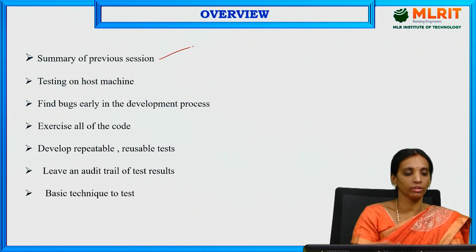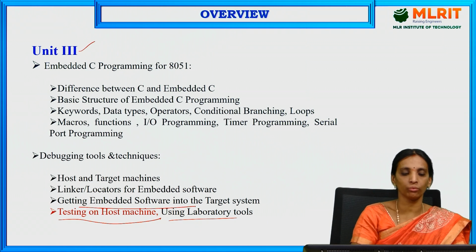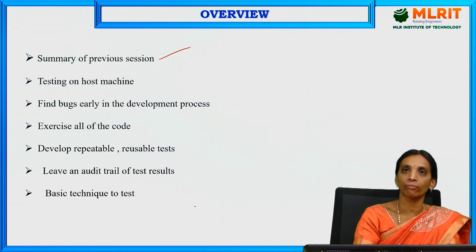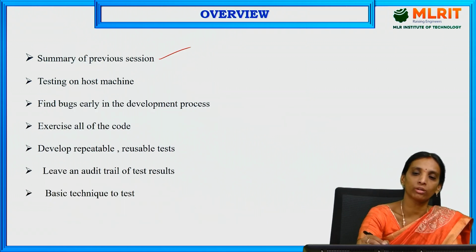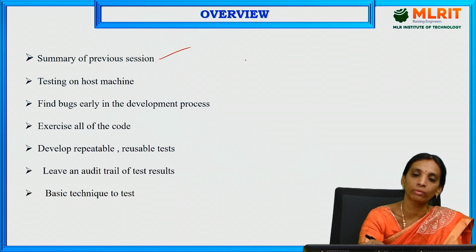So in the previous session we discussed what are the tools used for getting the embedded software into the target system. So what are the tools used for copying our embedded software files into our target system?